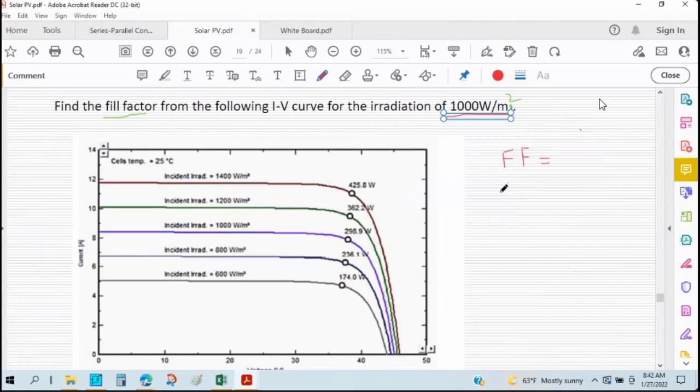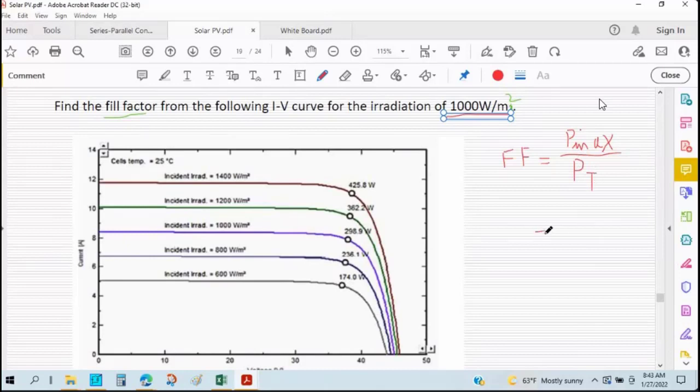Actually, I want all of you to solve this problem, because this kind of problem might appear in the exam. We know the definition of fill factor. Fill factor is nothing but the ratio of maximum power to theoretical power.